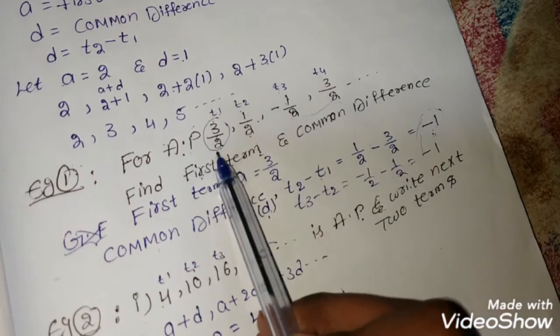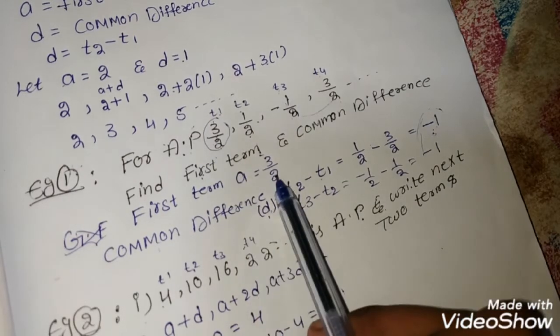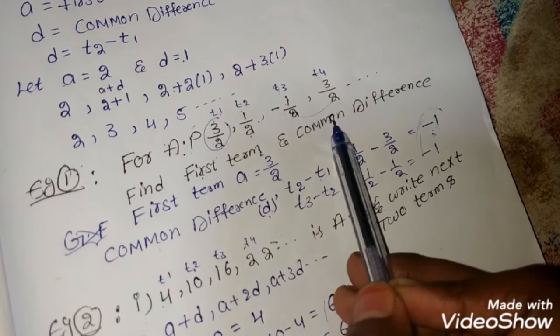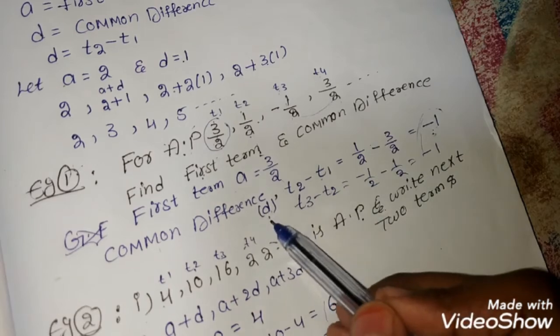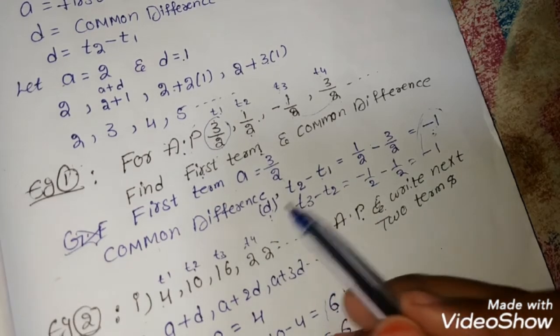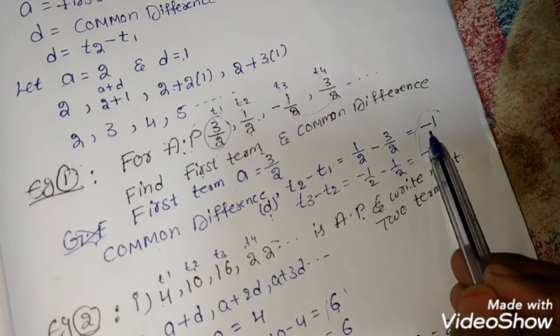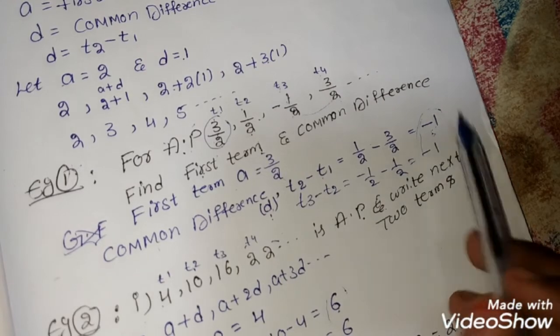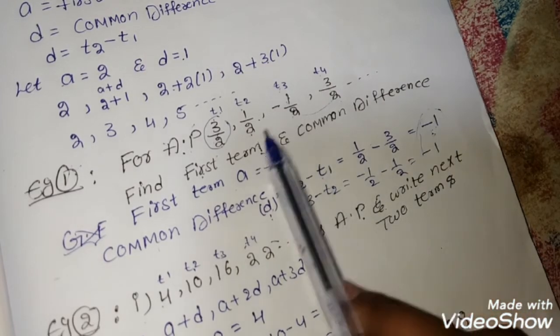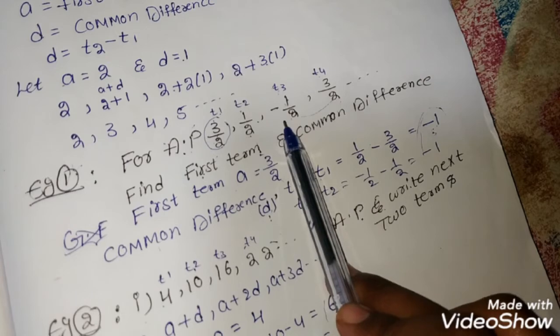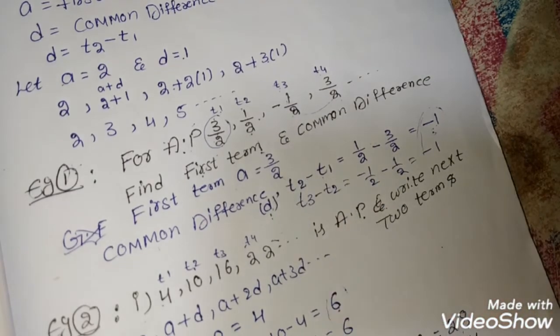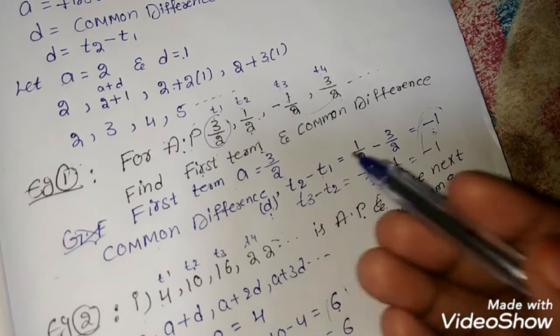The first term is 3 by 2, that is A. And what is the common difference? The formula of common difference is T2 minus T1. So here 1 by 2 minus 3 by 2 gives minus 1. So the common difference is minus 1. Is this an arithmetic progression? Yes, they have already given it in the question itself.